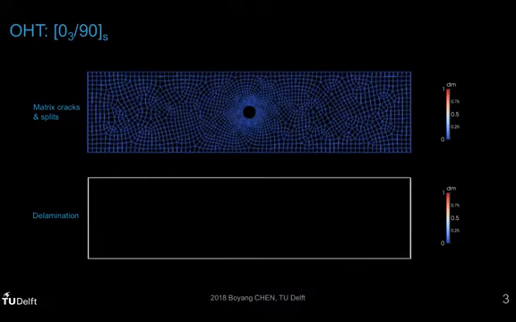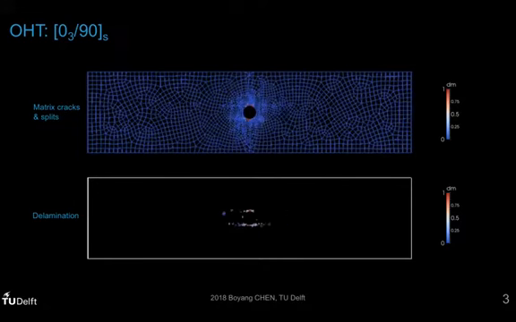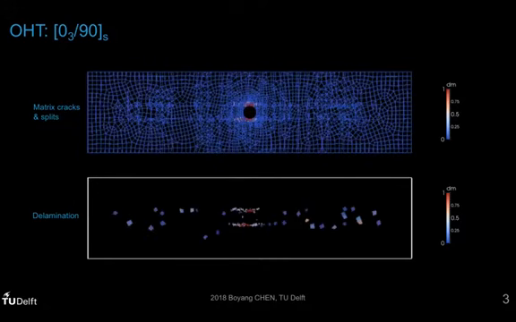And again, we change the layup on the same mesh to now a cross ply. On top, you have all the matrix cracks around both the 0 and 90 degree plies. On the bottom, you could see the delamination. See the high density of cracks.